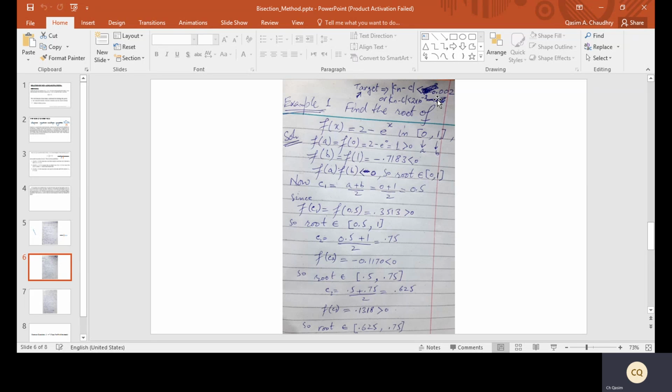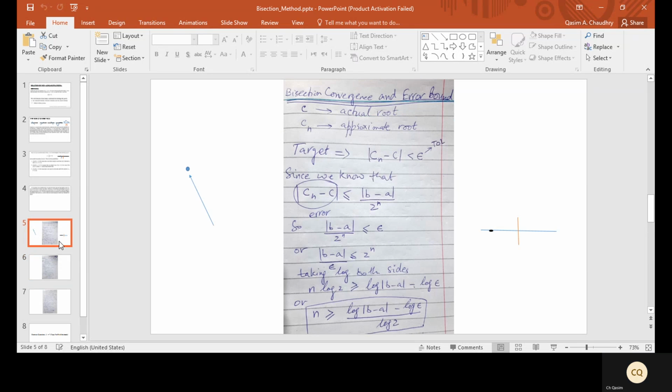Since you have the formula, let me go back. So students, here you can see that the formula is n is greater than or equal to (log(b - a) - log ε) over log 2.